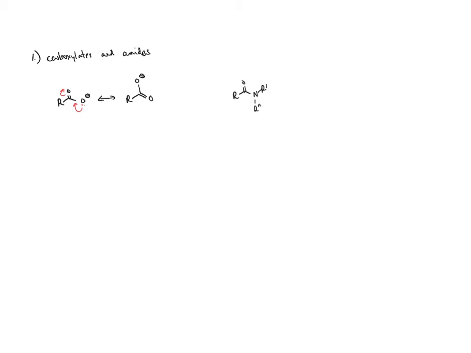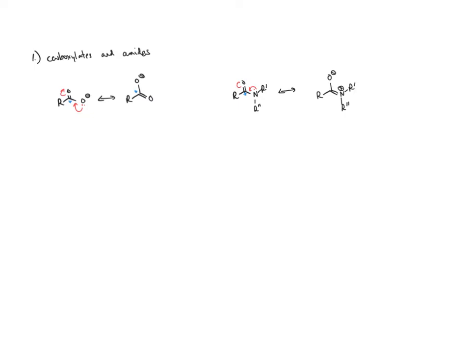Right? You're pushing electron density towards the carbonyl carbon right there. Okay, so in the case of the nitrogen, we push electron density, and now we have this species. Now we have to compare these two species. So why is it that amides are a little bit more reactive than carboxylates?